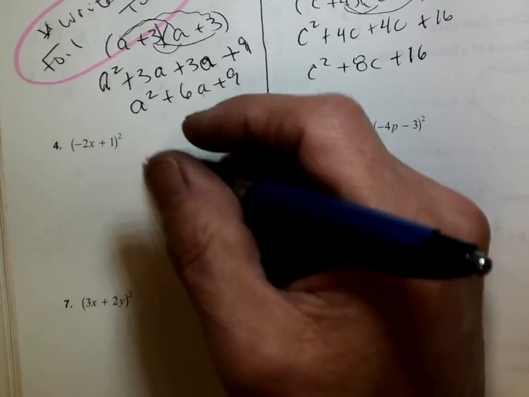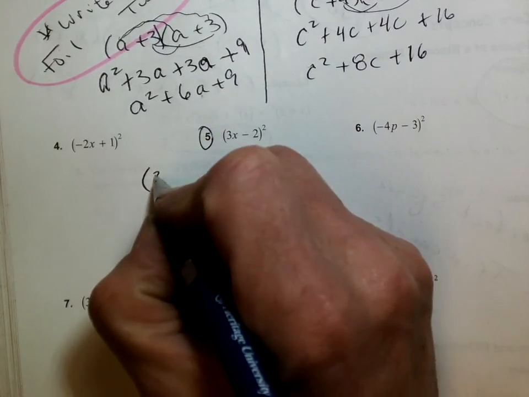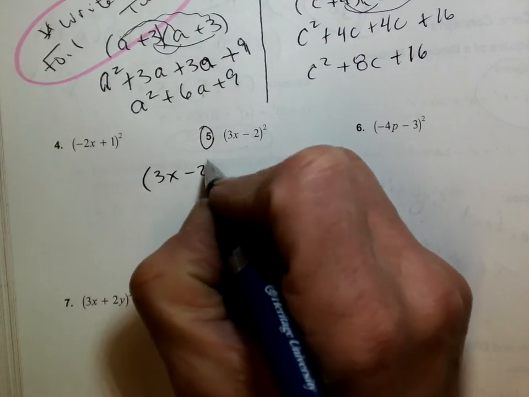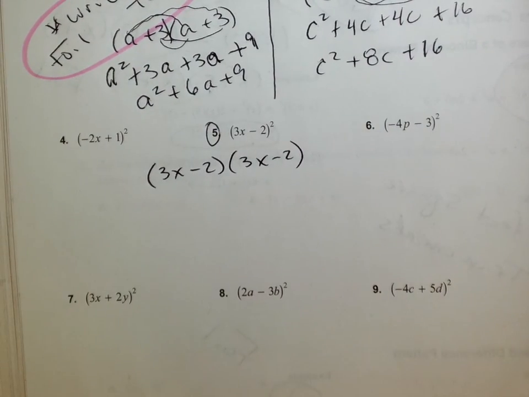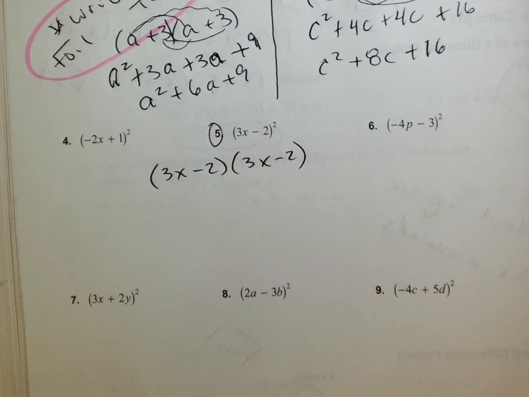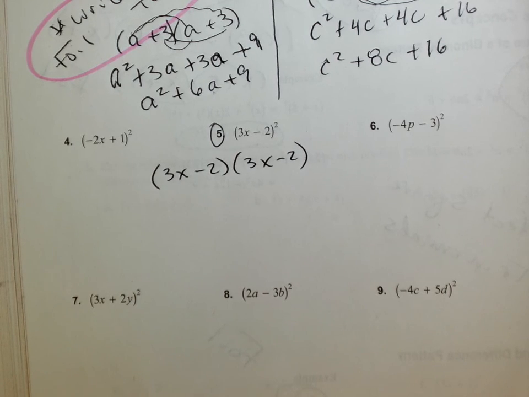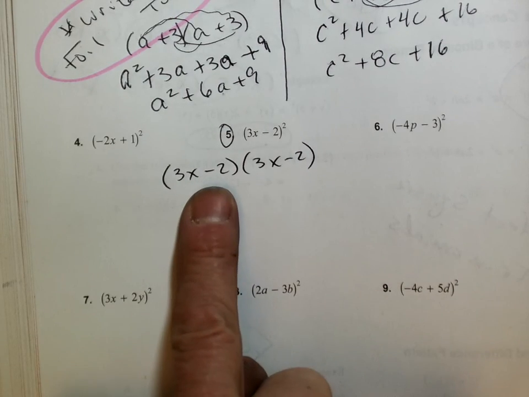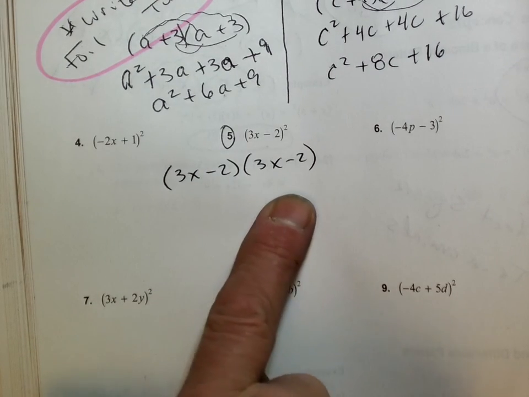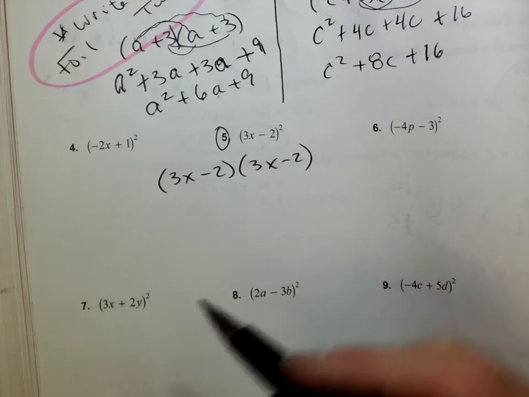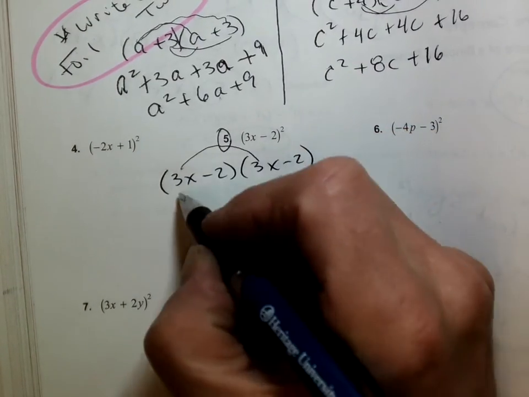Okay. I'm going to write 3x minus 2 times another 3x minus 2. If you see the squared, it means something times itself, so I have to write it twice. It's Monday morning. 3x minus 2 and another 3x minus 2. And so then we're going to go 9x squared.